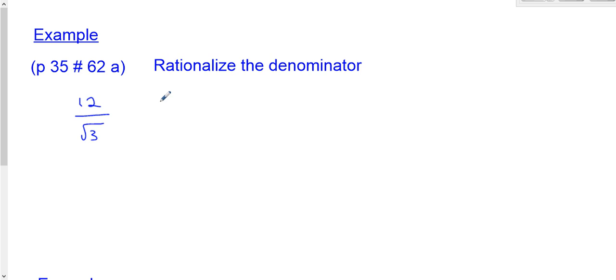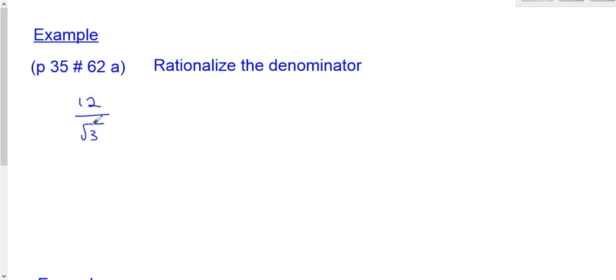Okay, here we are looking at rationalizing the denominator. So when we're looking at rationalizing a denominator, that means we're going to multiply this fraction so that we can get rid of the radical in the denominator here.